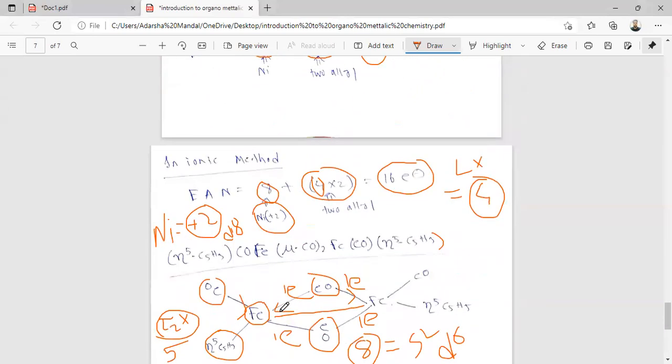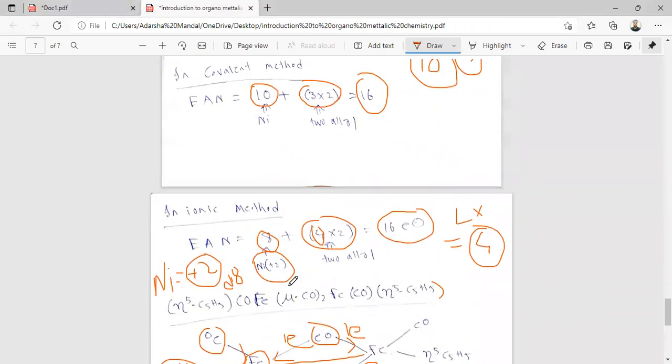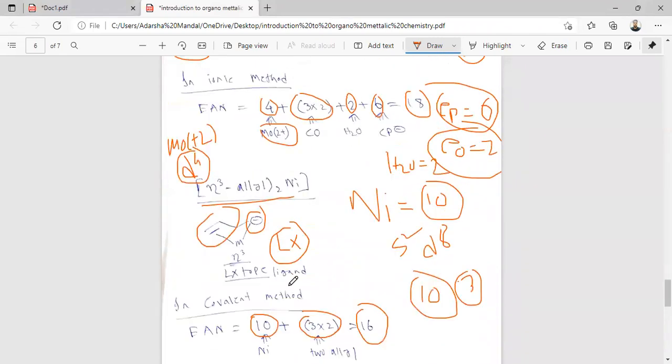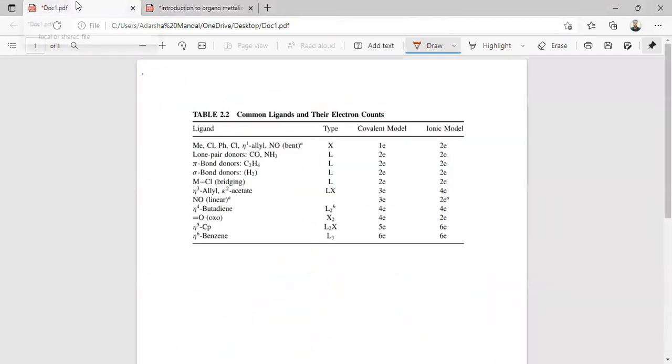We will give the idea about how to count the electrons, the effective atomic number, of an organometallic compound. So these are some examples of ligands. Here chloride, Cl-, or PH2-, is an X type ligand; it will donate 1 electron in the covalent method and 2 electrons in the ionic method.